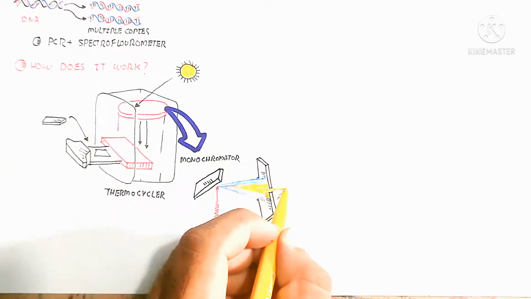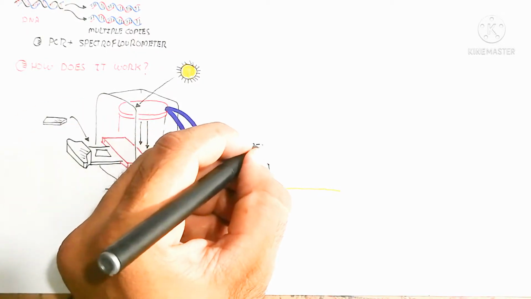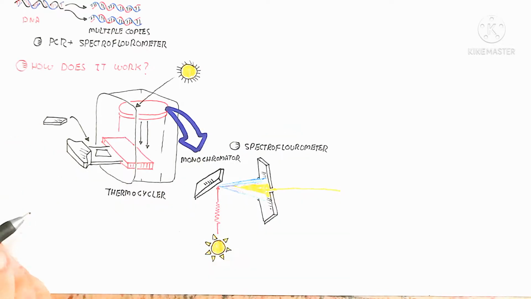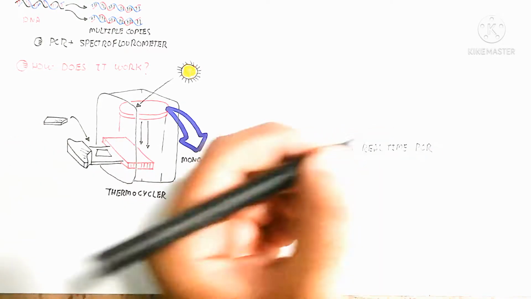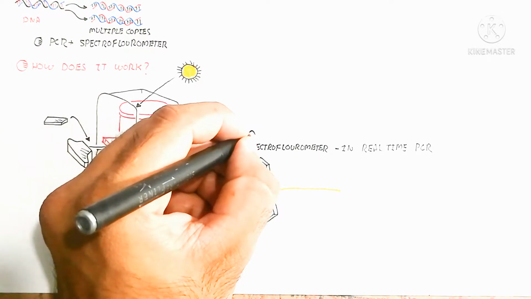Here is the mechanism of the spectrofluorometer in real-time PCR. A monochromator is present, on which the light is striking. Different colors of light will be produced.